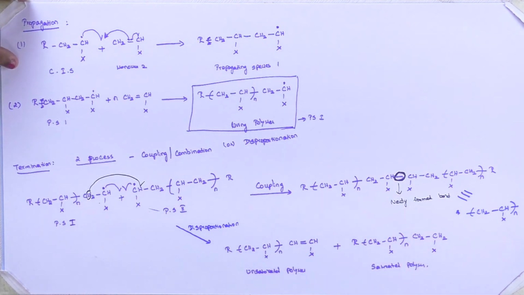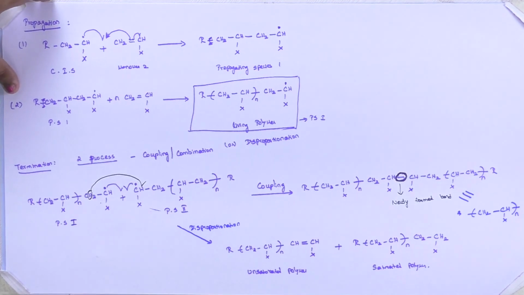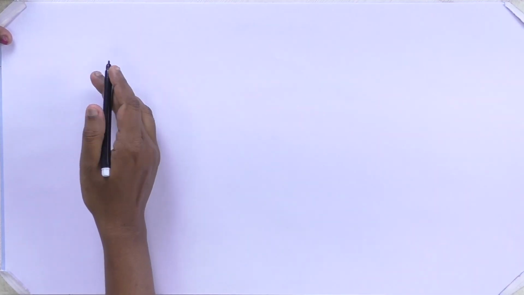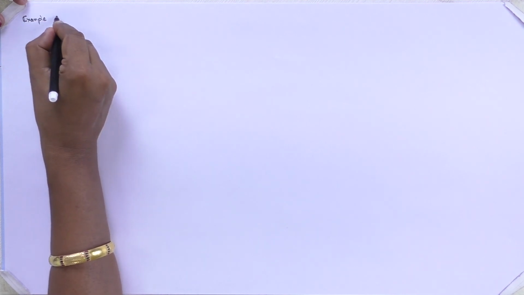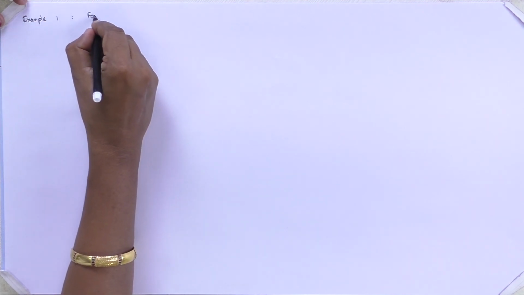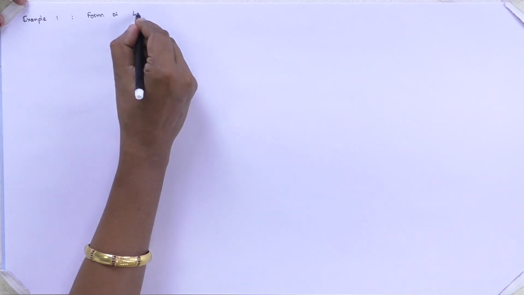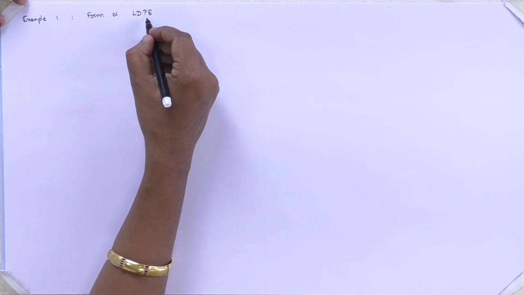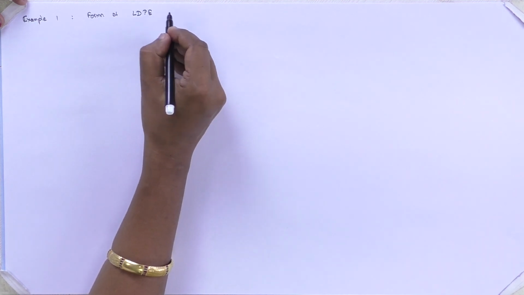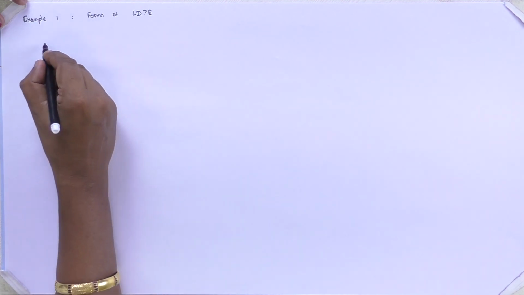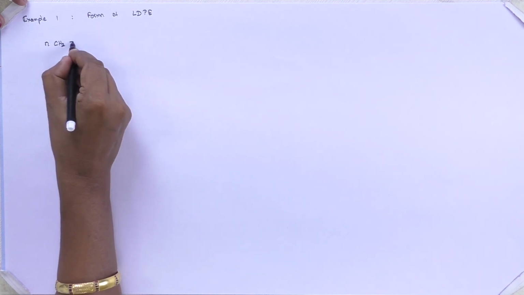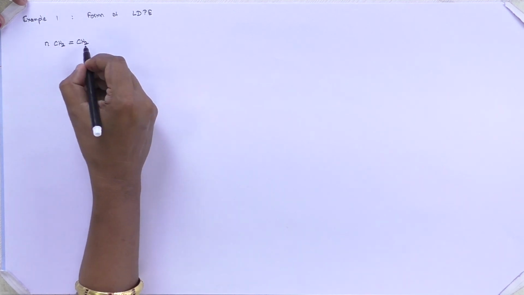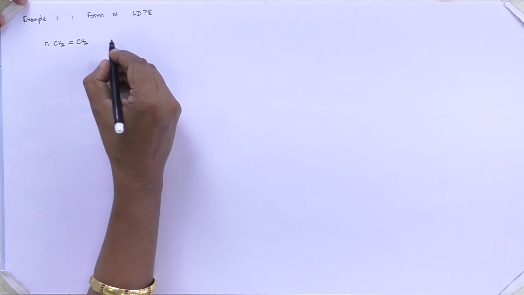Now let us see some examples of this polymerization. Example 1 is formation of low density polyethylene, LDPE. Here CH2 double bond CH2, you can see the X is replaced by a hydrogen atom.